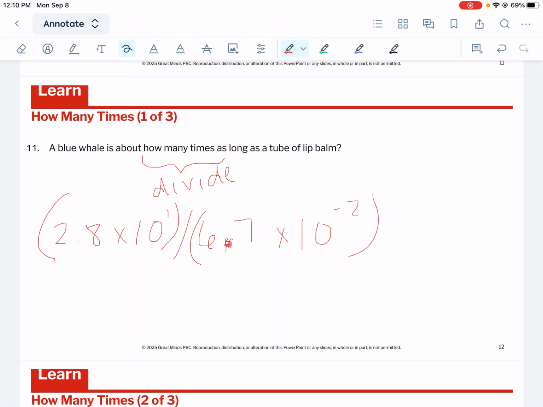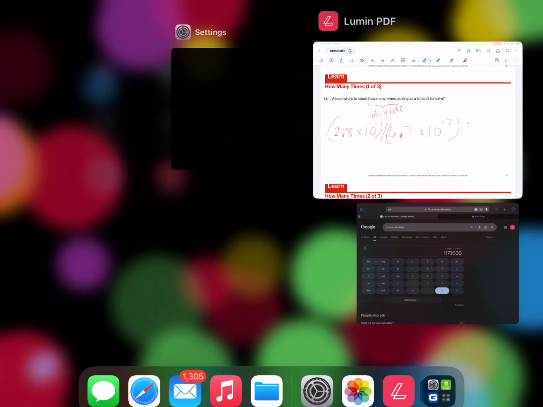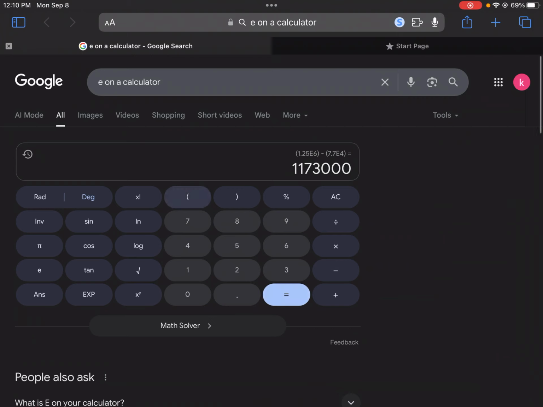Trying to make my decimals a little more apparent, but they're coming out raggedy. Excuse me, sorry. Once again, in the calculator, just for practice. Go back to it. We have 2.8 times 10.